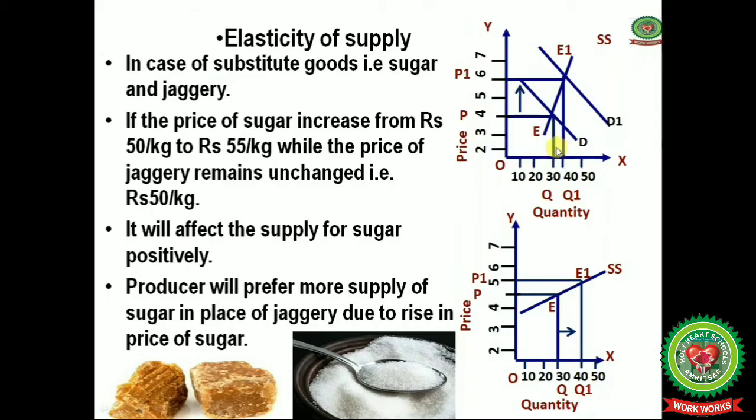Little effect on the quantity supplied with a bigger rise in the price of the commodity. So it means that there is a lesser change in the supply of a commodity with the change in price, and here is the opposite case, where more changes are there.